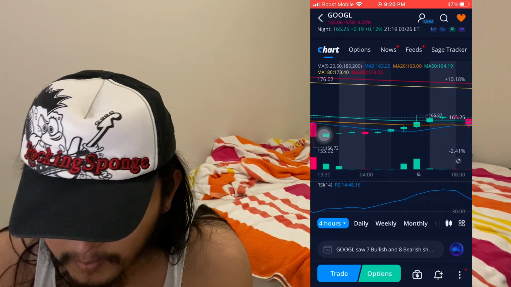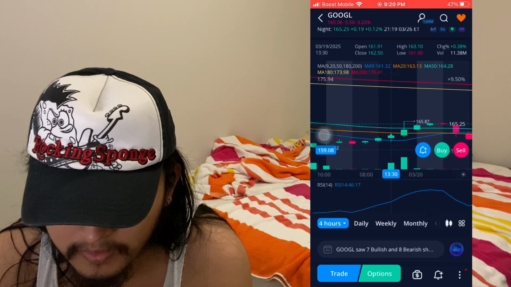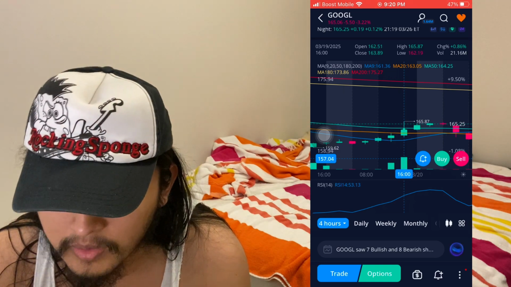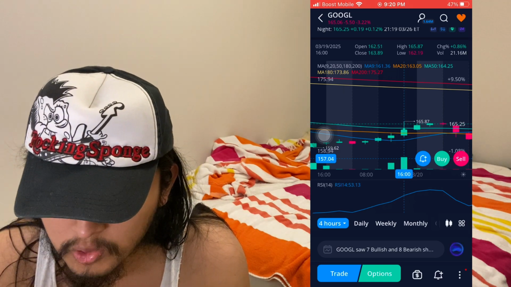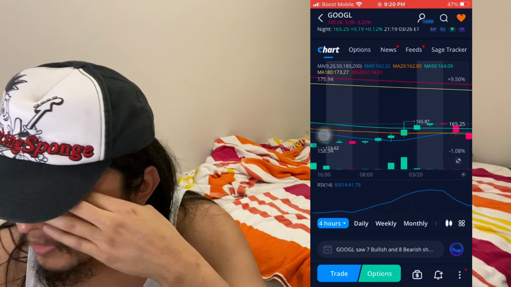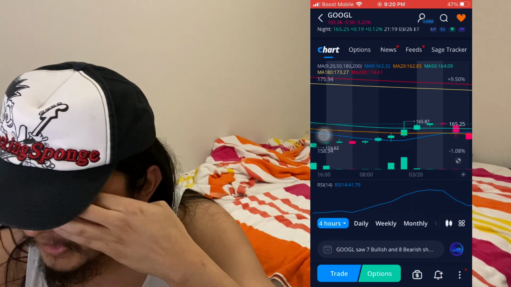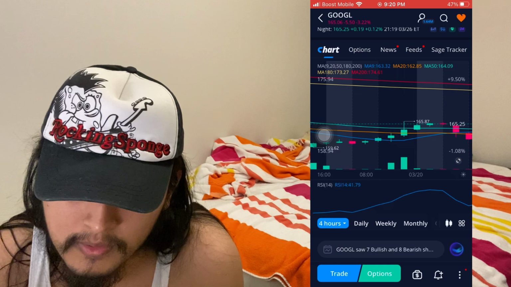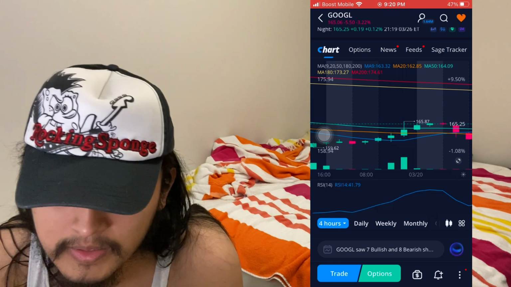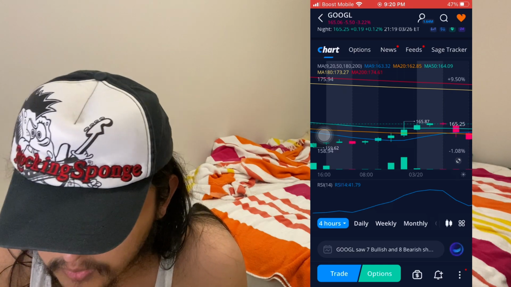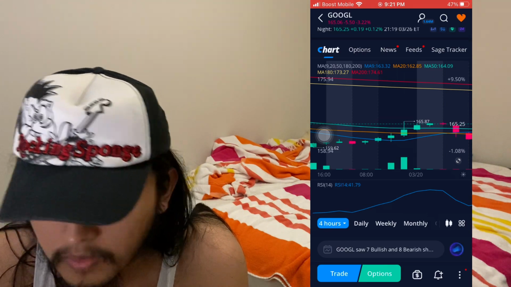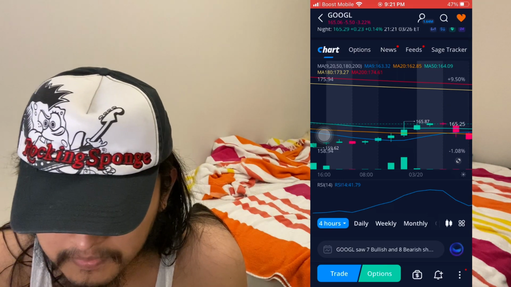So I bought in this candle right here, the 16 candle on the 4-hour time chart. When Google approached the 50-day moving average, I bought my put options on Google there. And then all I waited for was for Google to see a slight decline after getting rejected by the 50-day moving average.